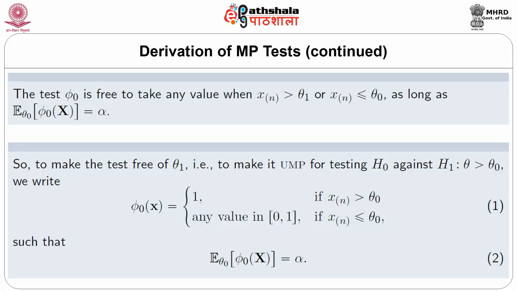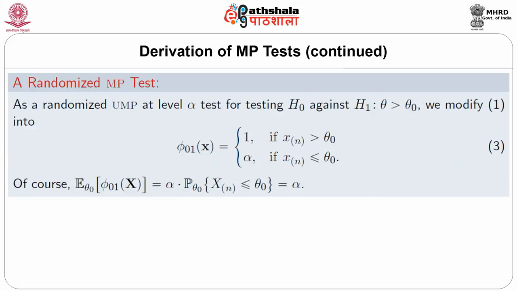So, phi naught reduces to 1 if x order n is greater than theta naught. The union of these two, theta naught to theta 1 and theta 1 and above, is the same as x order n greater than theta naught. Then phi naught is 1, and any value between 0 and 1 if x order n is less than or equal to theta naught. Obviously, the expected value of phi naught under theta naught, that is the size of the test, is alpha.